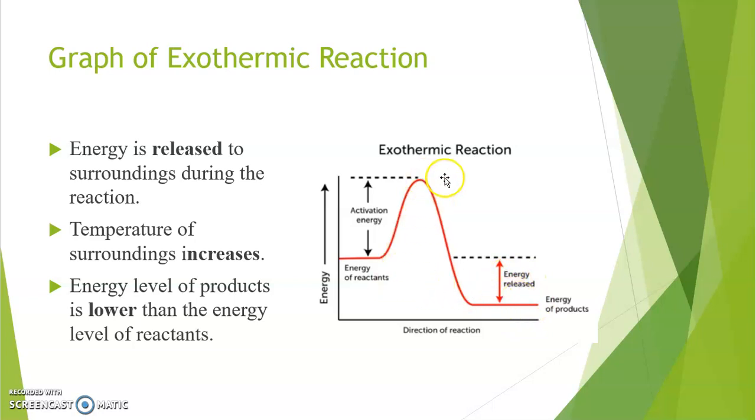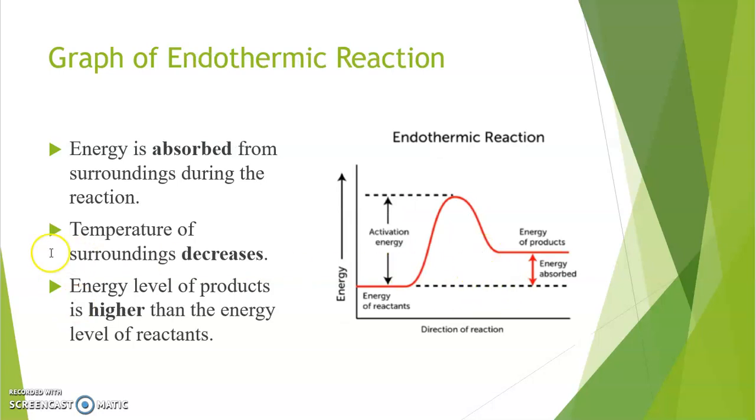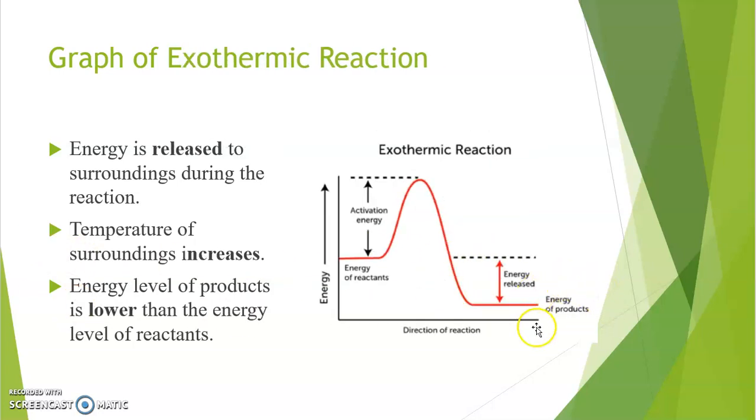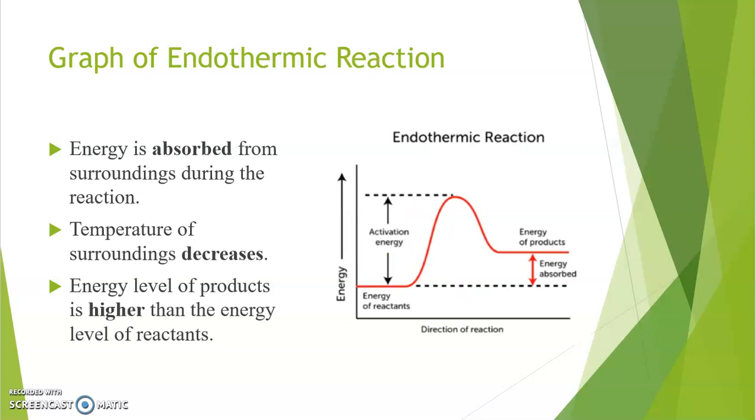Because in exothermic reactions the energy of the products is lower than the energy of the reactants, the stability of the product in exothermic reactions is higher than in endothermic reactions. So products in exothermic reactions that release energy are more favored. This is the difference between endo and exothermic reactions.